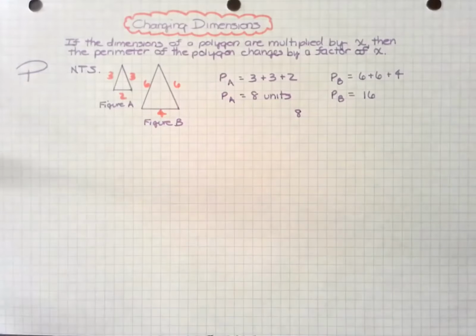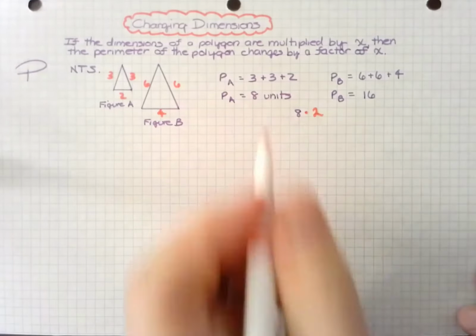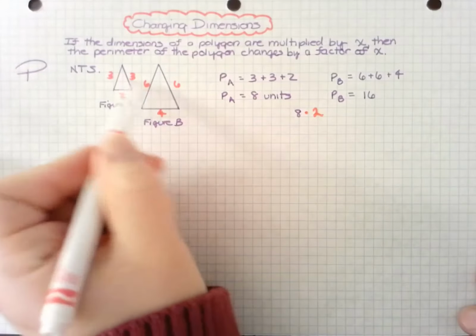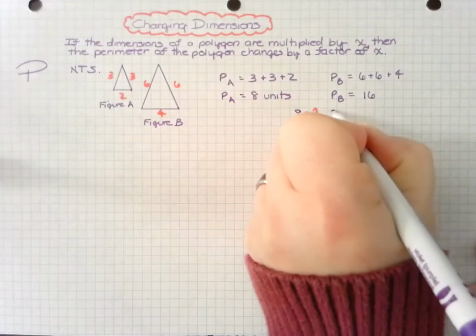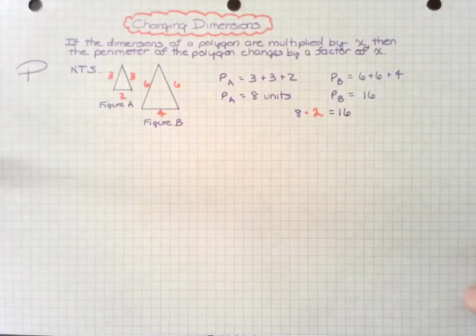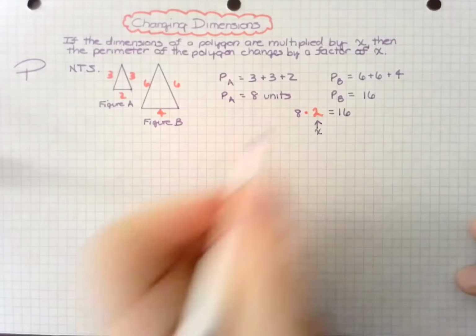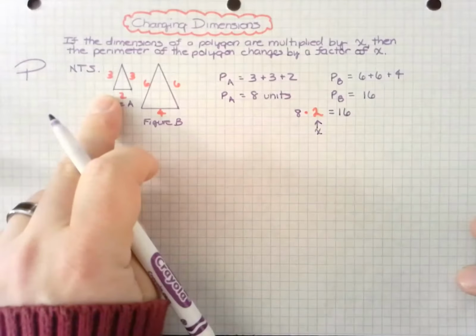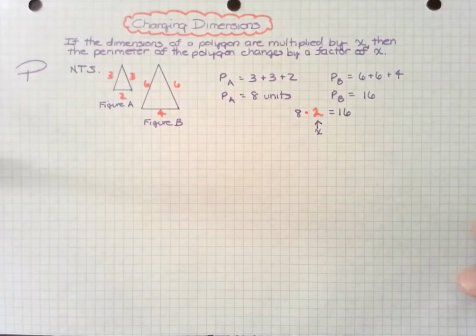And notice how if I take 8 and multiply by that factor of 2 that I multiplied each of the sides by, it gives me the perimeter of figure B. And so this is really my factor of x that I multiply each side by, and therefore the perimeter is also multiplied by that same factor.